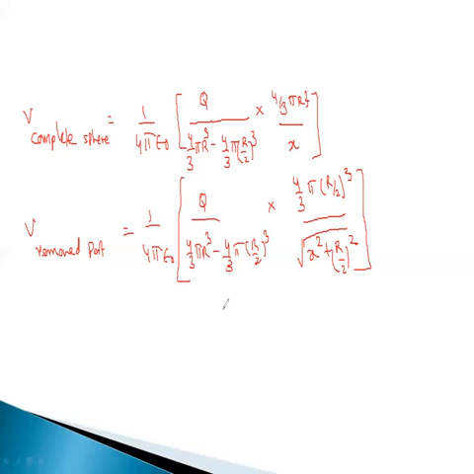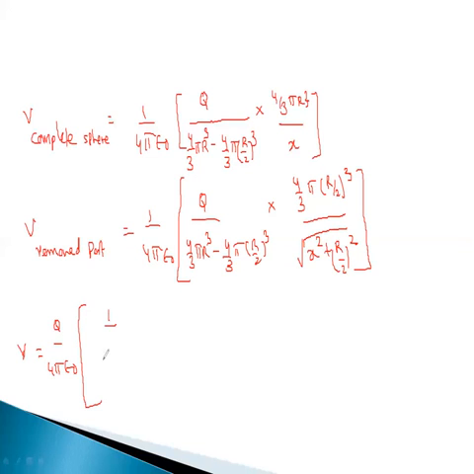Finally, if you want to calculate the potential due to the remaining part, you have to take the difference of these two equations. You simply see here 4 by 3 pi and 4 by 3 pi will get cancelled everywhere. If I take q by 4 pi epsilon naught common in the whole equation, then 4 by 3 pi gets cancelled at every point.